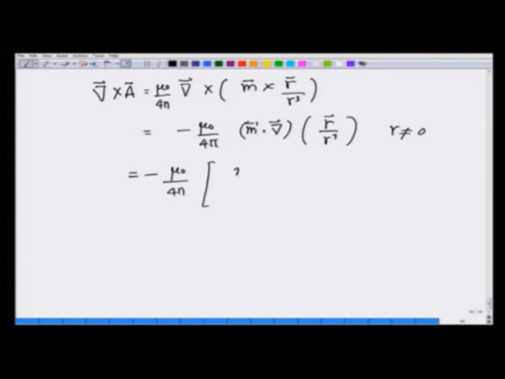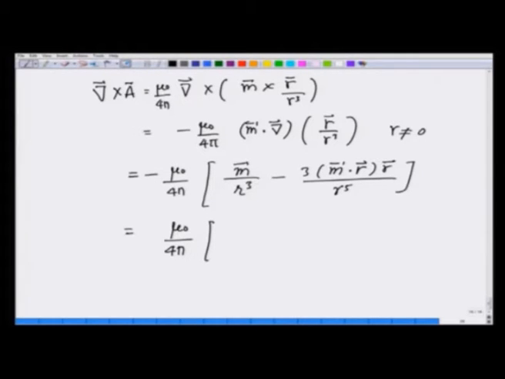Inside I get m over r cubed minus 3 m dot r vector divided by r raised to 5, which I can then write as mu naught over 4 pi 3 m dot unit vector r again. So, r square is taken out. So, I am left with r cubed in the denominator minus m over r cubed, which is the same expression as B for a point dipole sitting at the center.